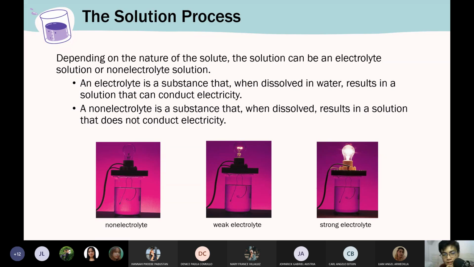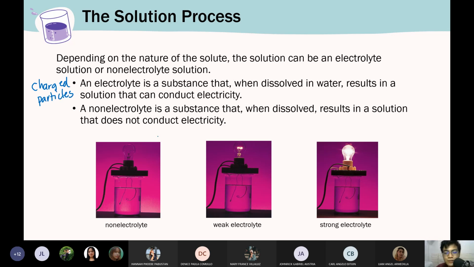So it just has something to do with the electrolyte system. When we say electrolyte, basically these are just charged particles. No? So they are just charged particles.